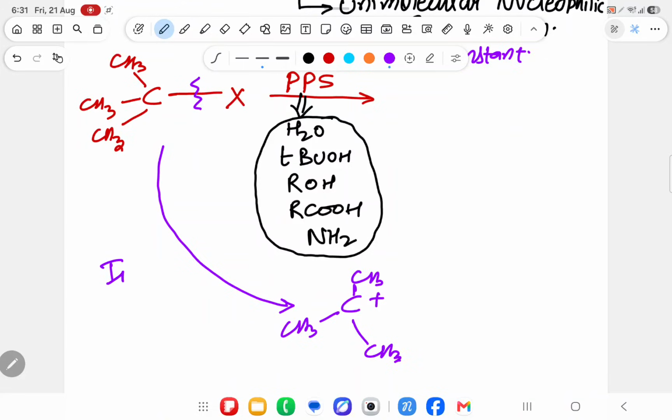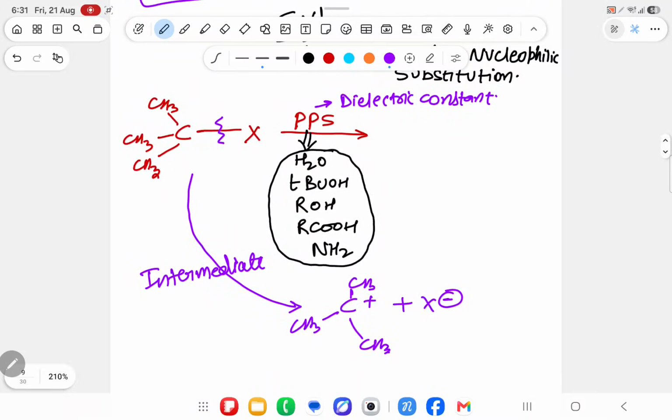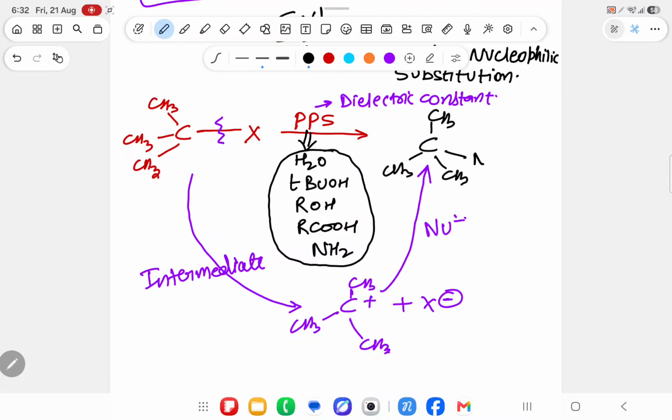In SN2 you are not getting an intermediate, you are getting a transition state, but over here you get an intermediate, C plus and X minus. Then some nucleophile comes and attacks on the positive charge, and you will get C with CH3, CH3, CH3 and the nucleophile attached, plus X minus. So this is SN1. What is the formation?